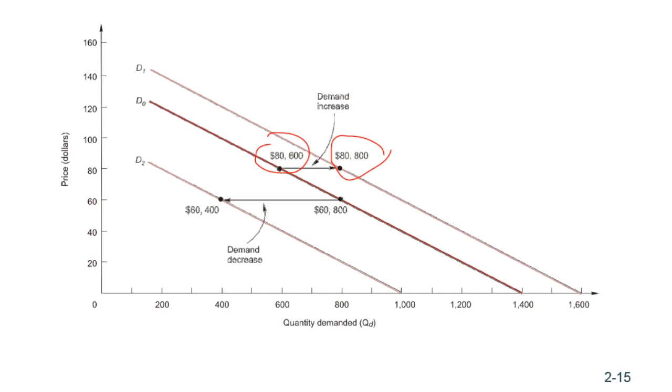So if income increased, we could say total for all consumers. Then, because income for normal goods is positively associated with demand, the demand curve shifts right.